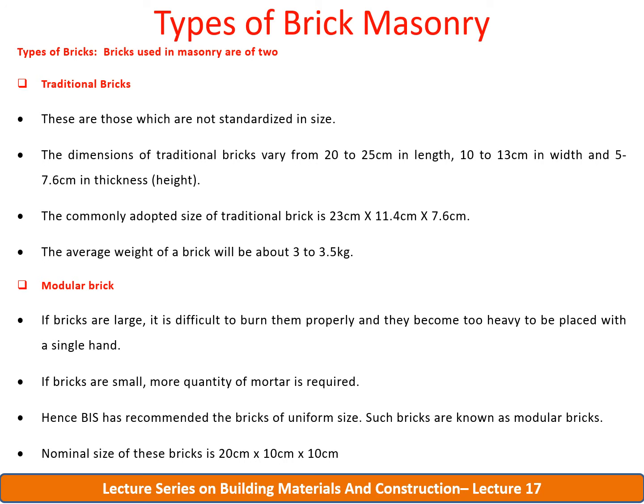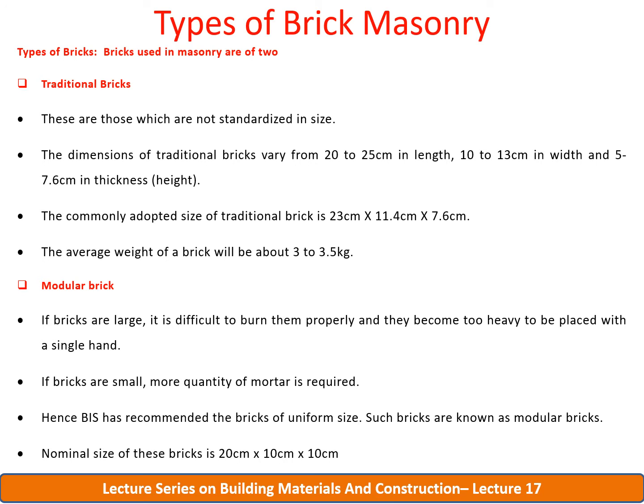In case of modular brick, the modular brick conforms to the size laid down by the Bureau of Indian Standard. Any brick which is of the uniform size laid down by Bureau of Indian Standard is known as modular brick. The nominal size of the modular brick is 20 by 10 by 10 centimeter, while the actual size of the brick is 19 by 9 by 9 centimeter.